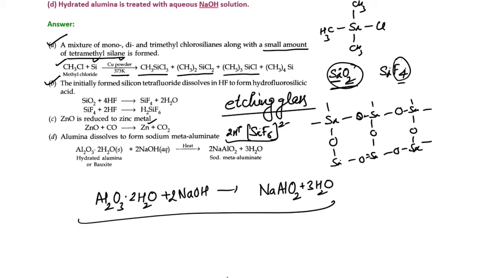Right? It is a simple reaction: when alumina reacts with sodium hydroxide, meaning bauxite dissolves in sodium hydroxide to give sodium meta-aluminate.